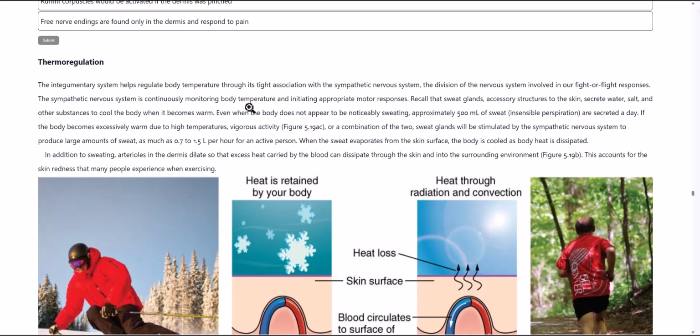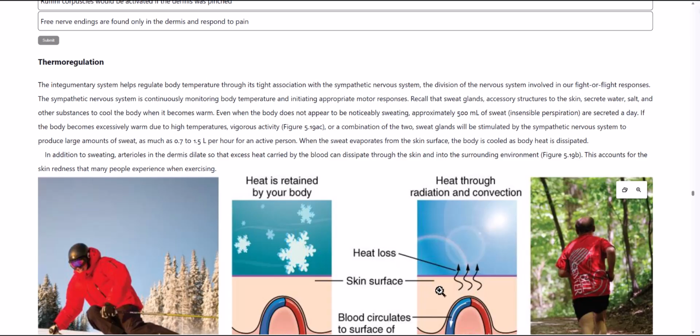We know that our skin sweats when we're hot. We know too that when we're hot and when we're cold, we become more or less colorful, if you will. So in a person with my complexion, being as pale as I am, I have a ruddy complexion, some redness to my body because I have blood vessels toward the surface of my body, and that red color from my blood is visible through my skin.